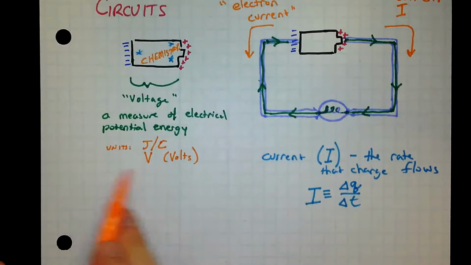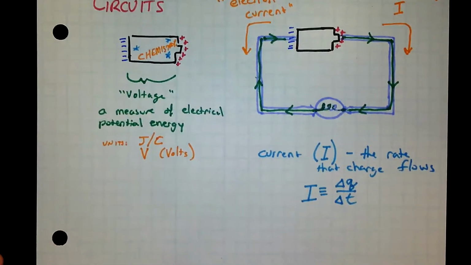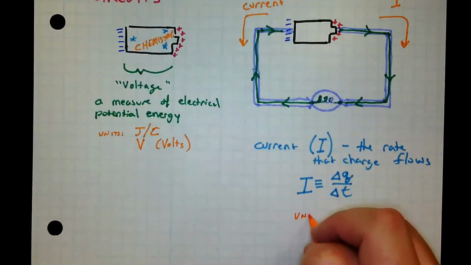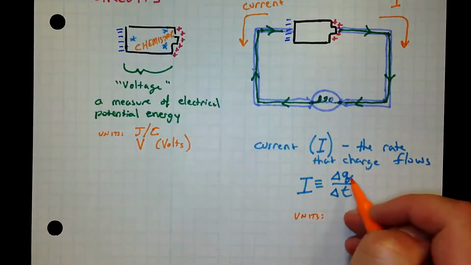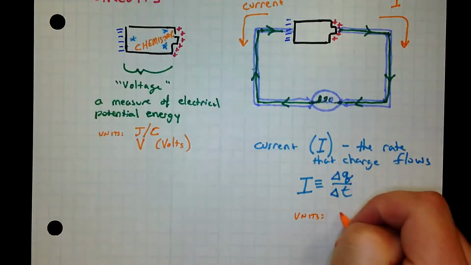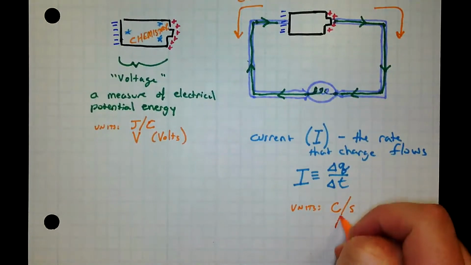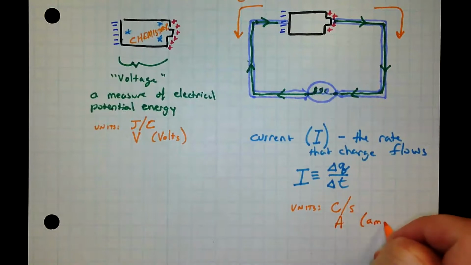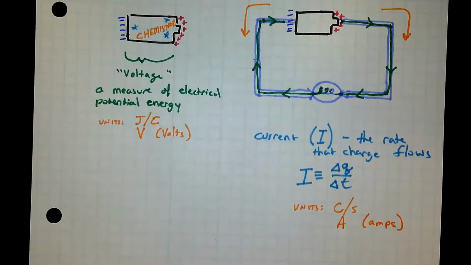So usually the unit we'll use for voltage is volts, but it's technically joules per coulomb. What do you think the units for current are going to be? Well, charge is what? Coulombs. It's going to be coulombs per second, and we give this the symbol capital A, which stands for amperes or amps. So that's the unit for current.